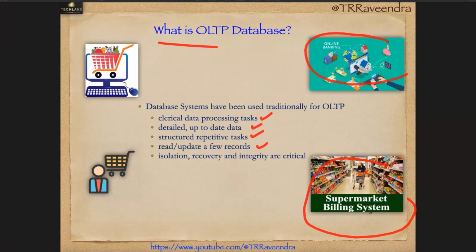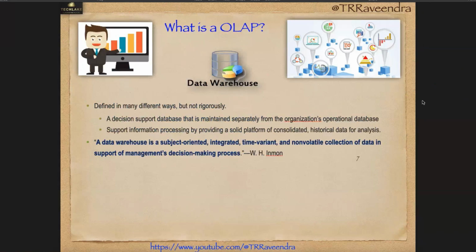Then there is the other type of database, which will have historical data, mainly used for analysis purposes. Data from different sources is kept in a decision support database that is maintained separately from the organization's operational database. Operational database means OLTP, the transaction database. OLAP means data warehouse.